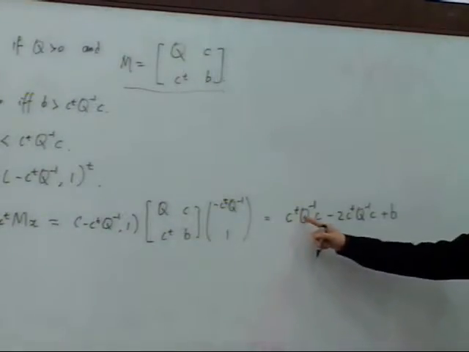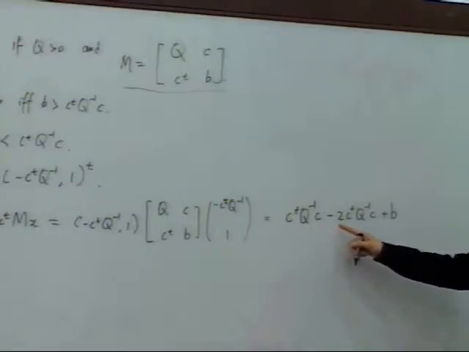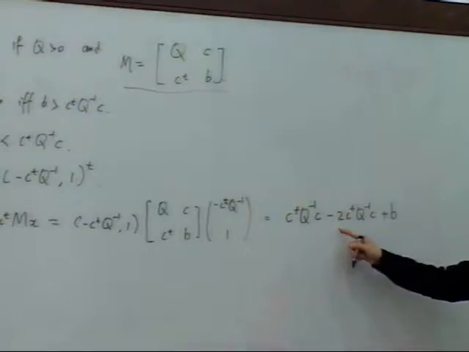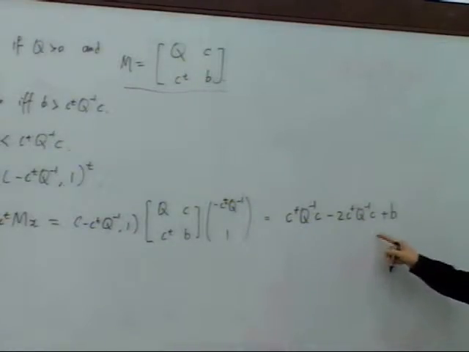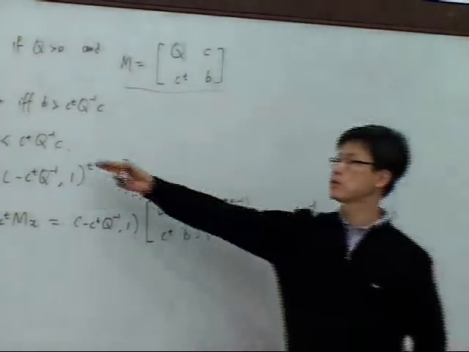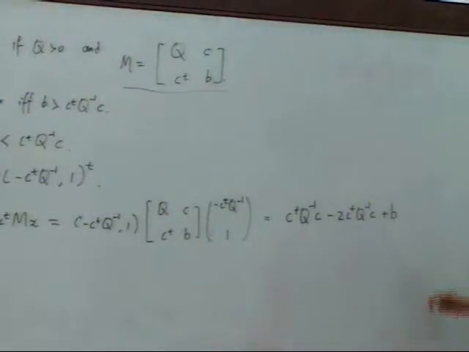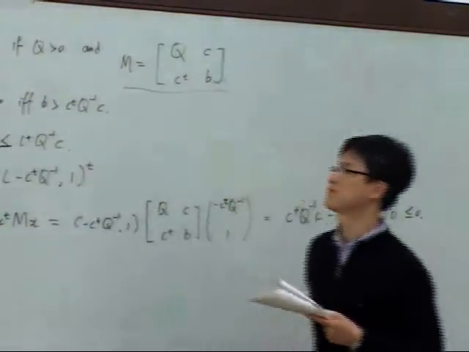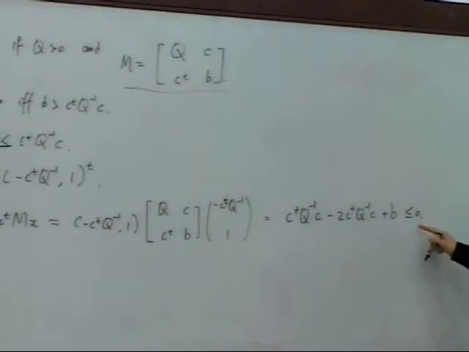And C transpose Q inverse C minus 2 of C transpose Q inverse C, which is minus C transpose Q inverse C plus D. But we suppose that this is true. So this is true, sorry. Thus, N is not positive definite.